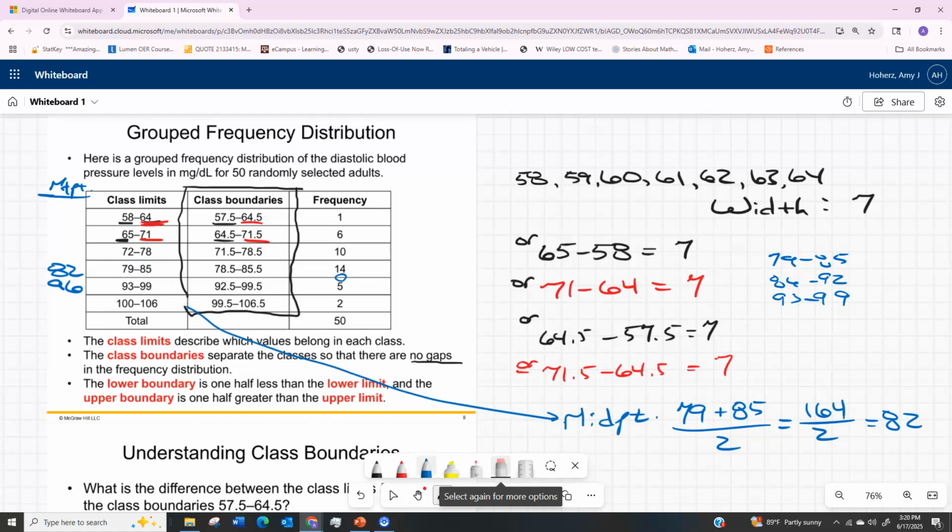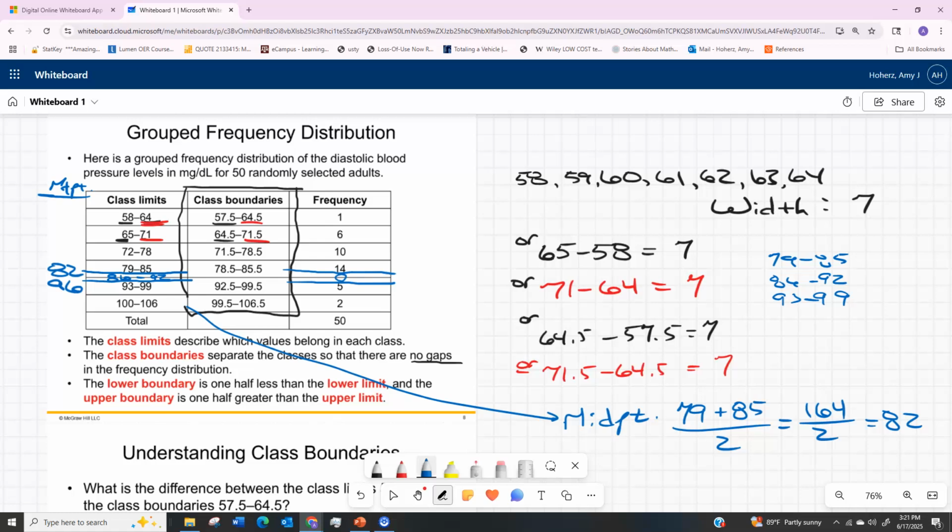Okay, so what they should have done is they should have had another row here with a 0 in it. And over here they should have had another class limit that was from 86 to 92. That's kind of disappointing. But it's a good way to actually point out that class should be left in there.